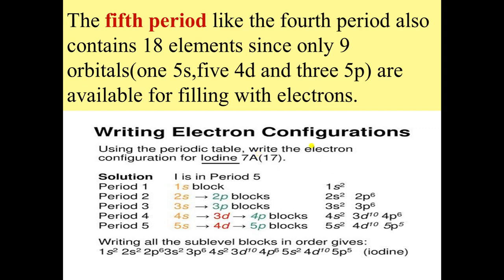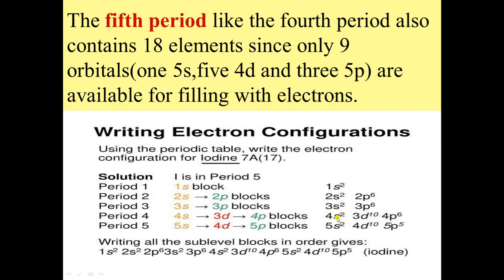So here again, in the same way like fourth period, total 9 orbitals are present: 1 5s, 5 4d and 3 5p. When you write electronic configuration, then you can easily find out which orbitals are present. In the end 4s2, 3d10 and 4p6, these orbitals are filled.